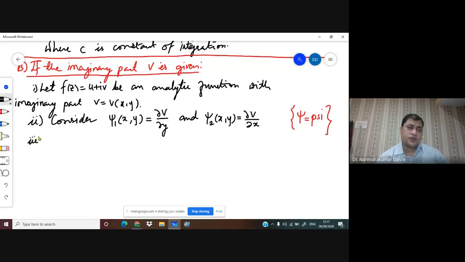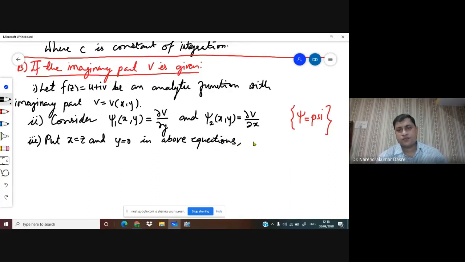Now, the next step. This is the characteristic step of the Milne-Thomson method, and that's why there is no change in the third and fourth steps. We put x is equal to z and y is equal to 0 in both equations, and we get psi 1 of z, 0 and psi 2 of z, 0. So x changes to z and y changes to 0.